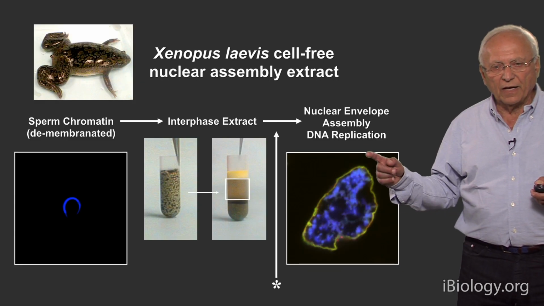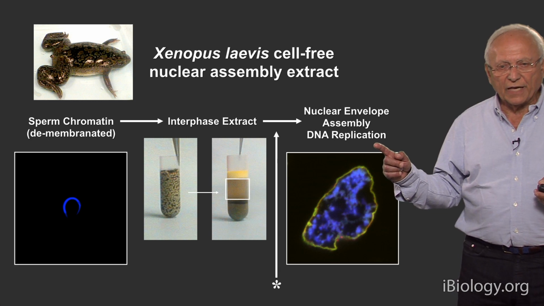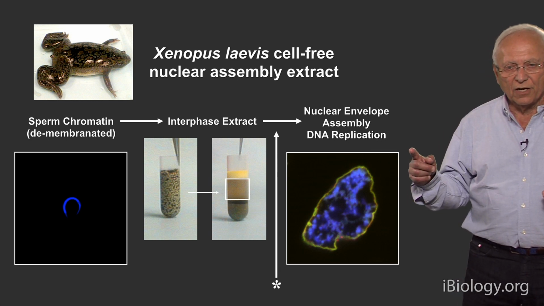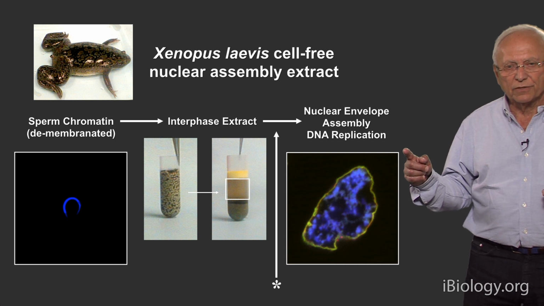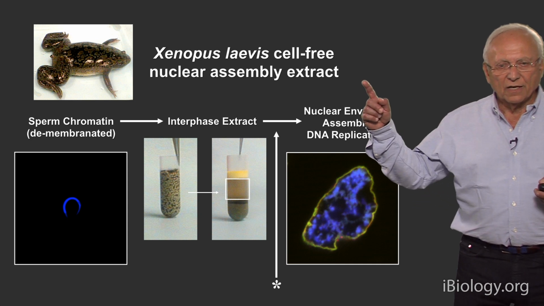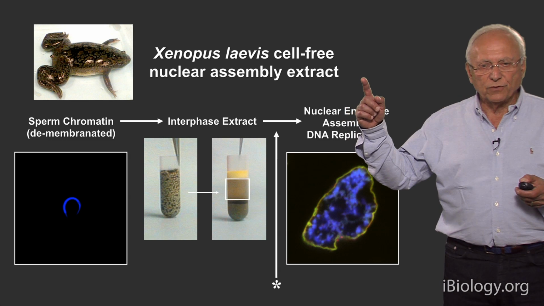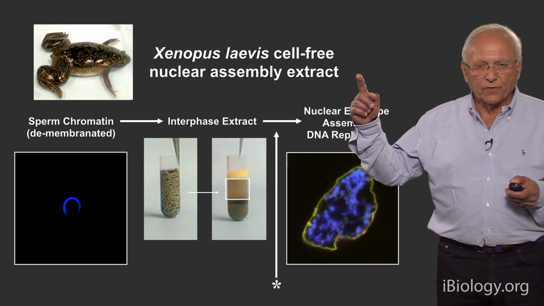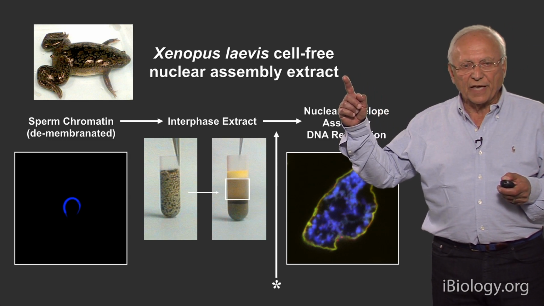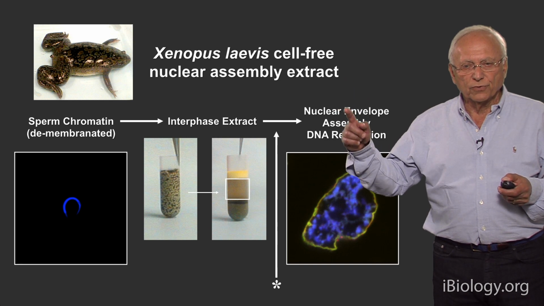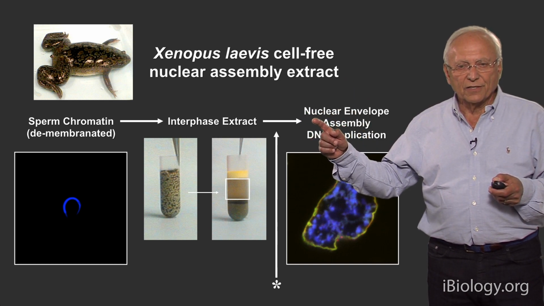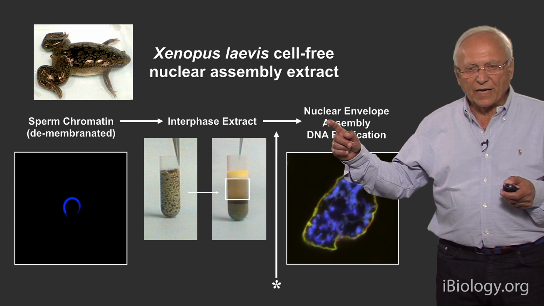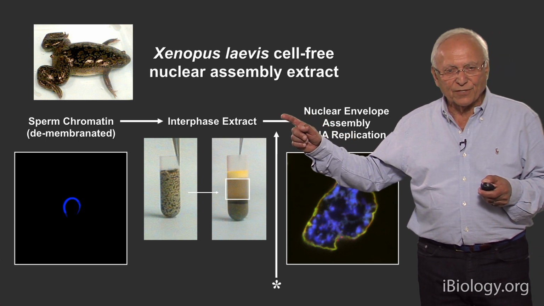In the case of DNA replication, although we can show this in cultured cells following microinjection of single cells, it's much easier to use the Xenopus laevis cell-free nuclear assembly extract, which you make from Xenopus eggs. And basically, in order to do biochemical assays, this allows you to make hundreds of thousands of nuclei very rapidly in the test tube.